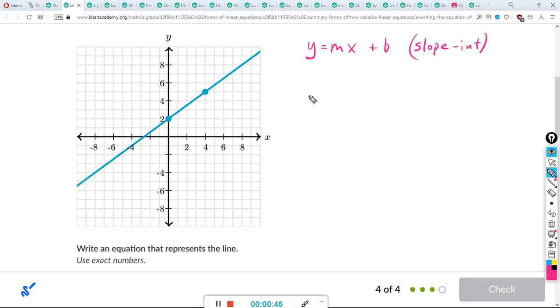And we also learned y minus y1 equals m times x minus x1. That's called point slope form.